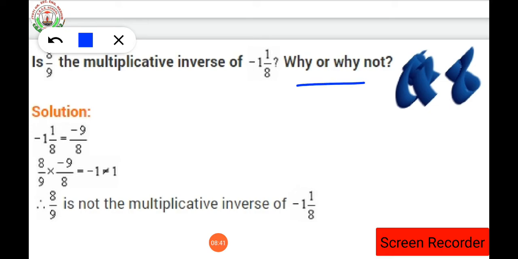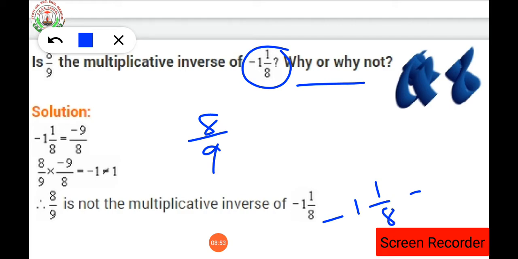If it is not, then also we have to give the reason. So 8 upon 9 we are having, and the multiplicative inverse of this number, since the minus 1 by 8 is a mixed fraction, this mixed fraction is converted into an improper fraction and becomes minus 8 upon 9. Now this number is the multiplicative inverse of this number or not, it is asked. Which number? 8 by 9.